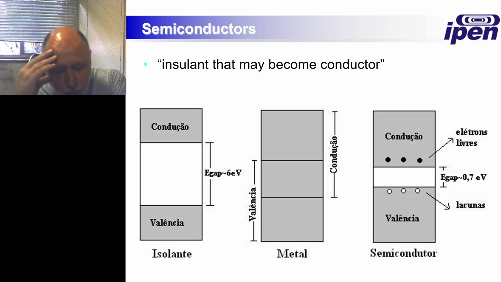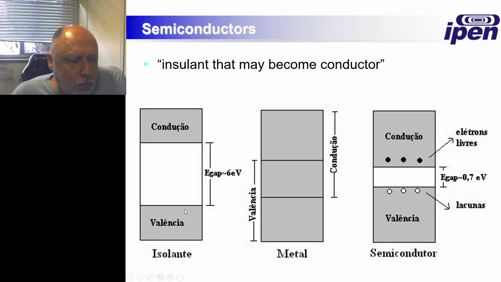Now, there are also the semiconductors. A semiconductor, if you take the definition, is essentially an insulator that may become a conductor. Meaning what? In an insulator, you have the conduction band and the valence band and a very large gap here, like 6 electron volts or something.